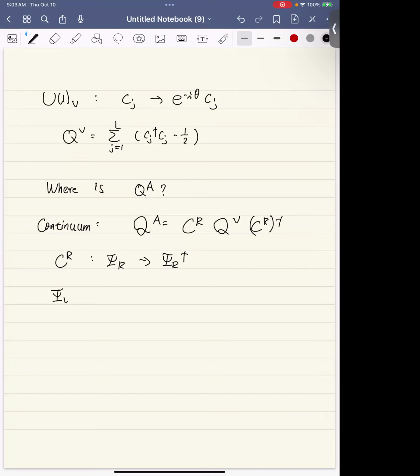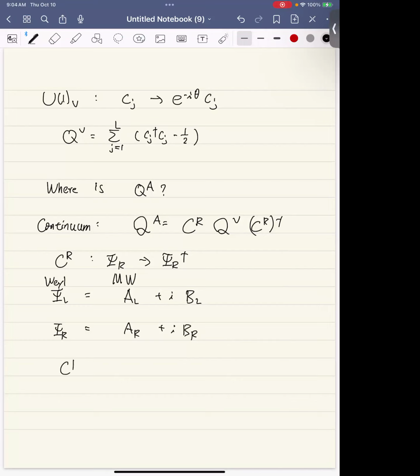So let's continue with the continuum discussion for a little bit. If you decompose your left-handed Weyl fermion into two Majorana-Weyl fermions like this, you can also do it for the right-handed one. So A_L, B_L, A_R, B_R, they are all one component, real Majorana-Weyl fermions.